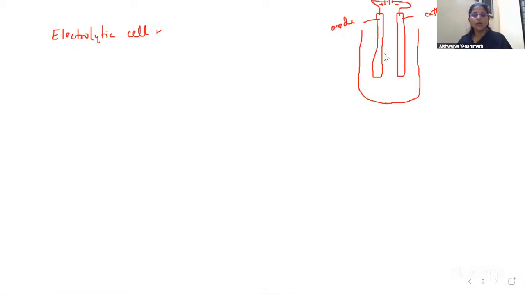We have two applications of this electrolysis. One is purification of copper, and the second application is electroplating. So let me consider the purification of copper to understand the process of electrolysis. Let me say both the electrodes I have taken are copper electrodes.